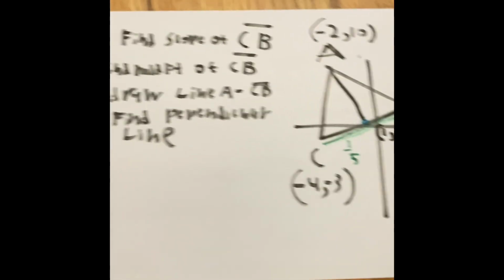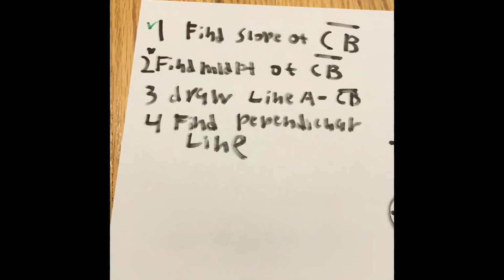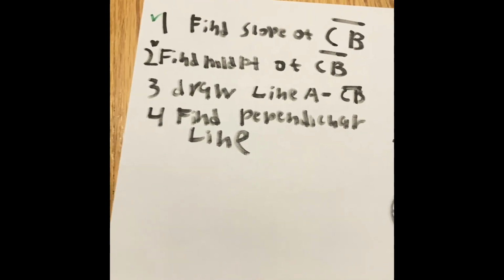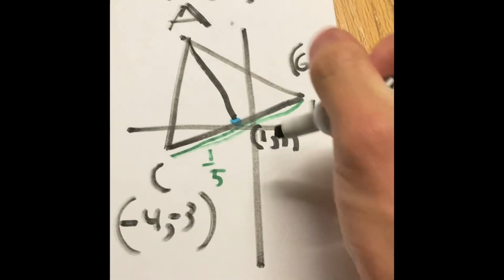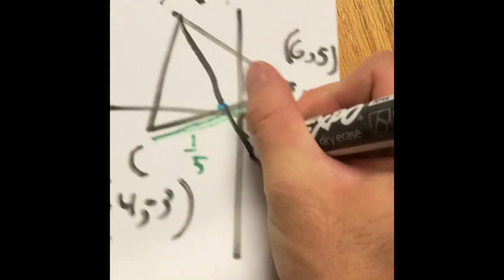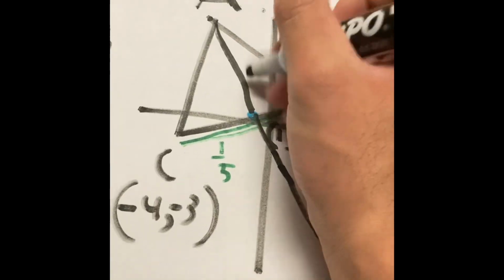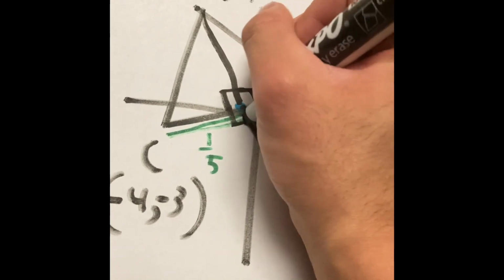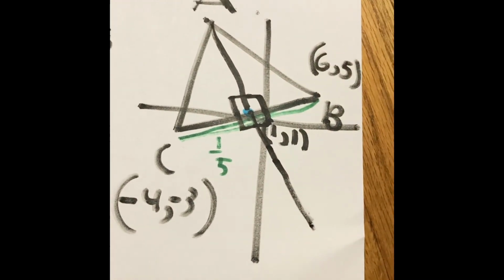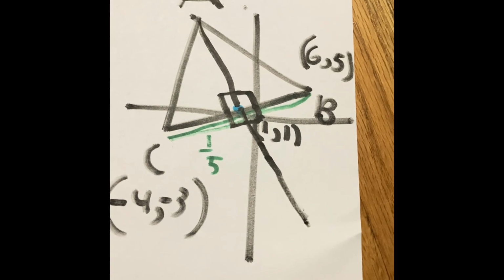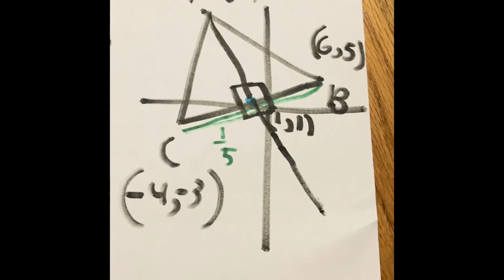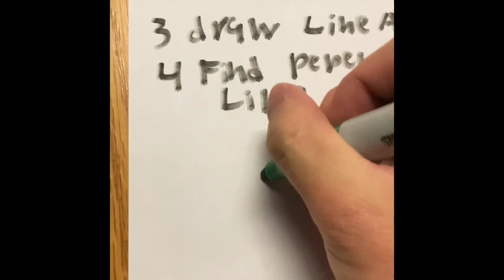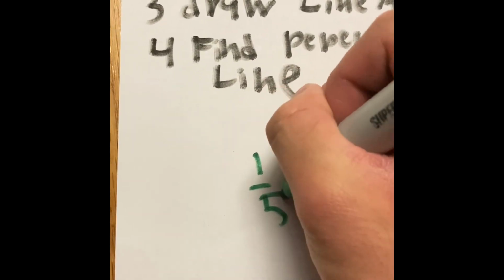The last thing we gotta do is find a perpendicular line, which is very, very easy. If we drew a perpendicular line, we are gonna make these 90 degrees, or right angles. The thing about our slope from step number 1 was we figured out that our slope of CB was 4/5.